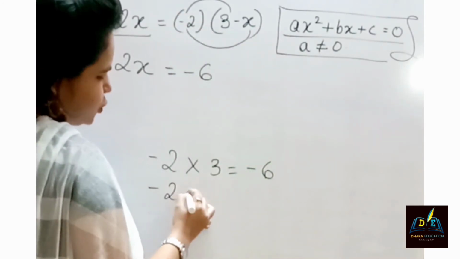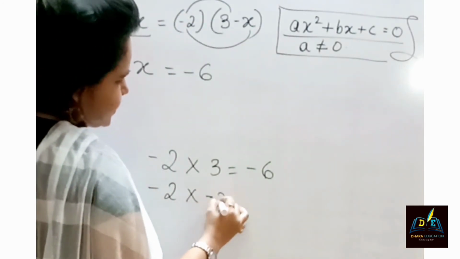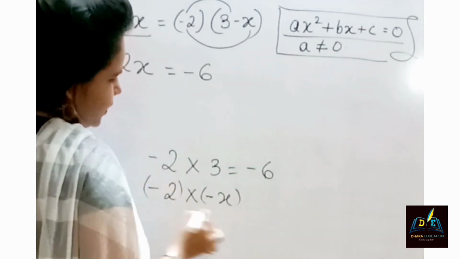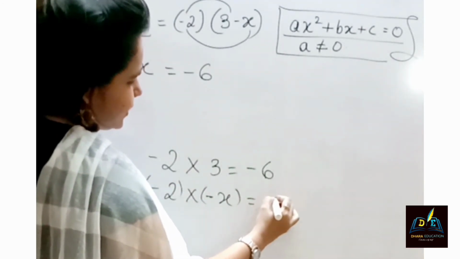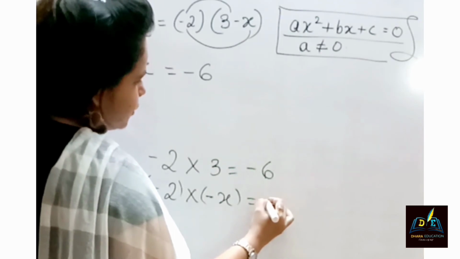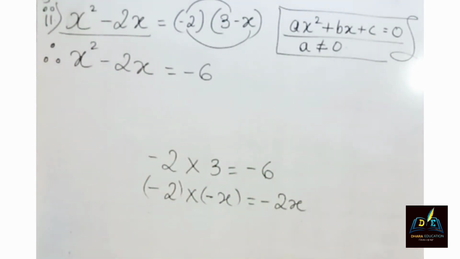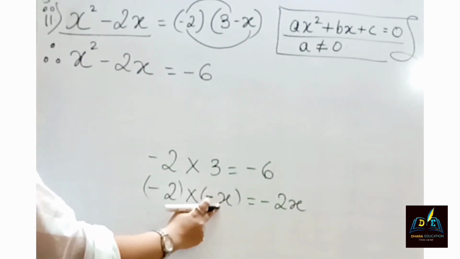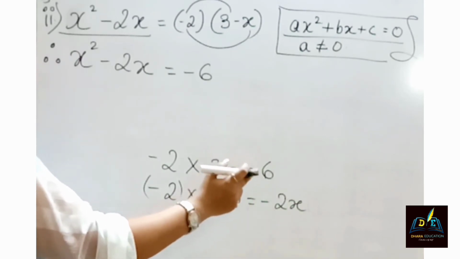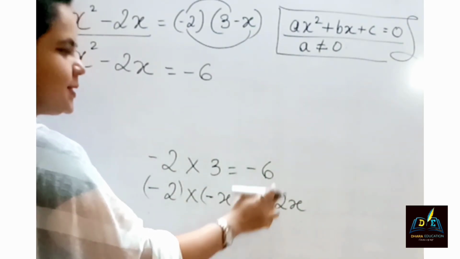Now again, minus 2 multiplied by minus x. What do we get? Plus 2x.